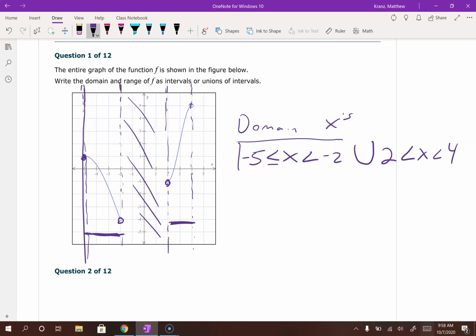So this represents this area right here, where x is greater than or equal to -5 and x is less than -2, or this area over here, where x is greater than 2 but x is less than 4. And remember, since they're open circles, there are no lines under our symbols.